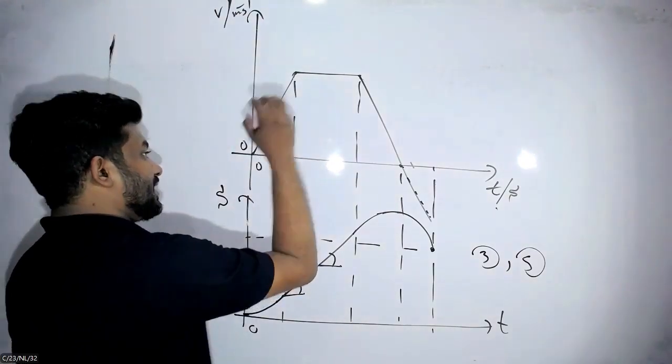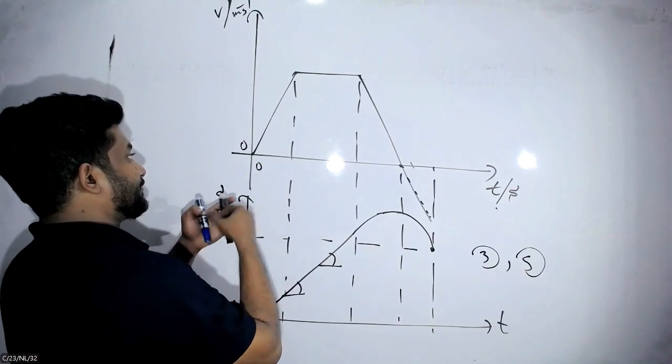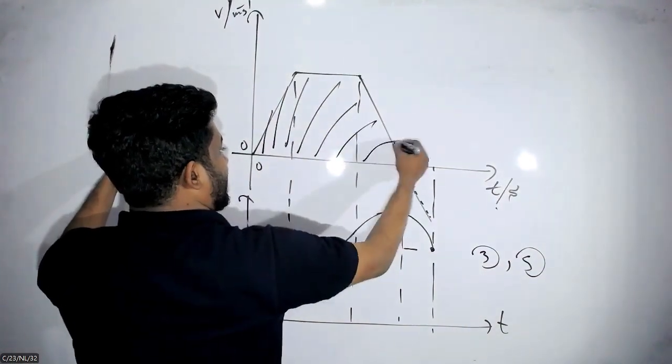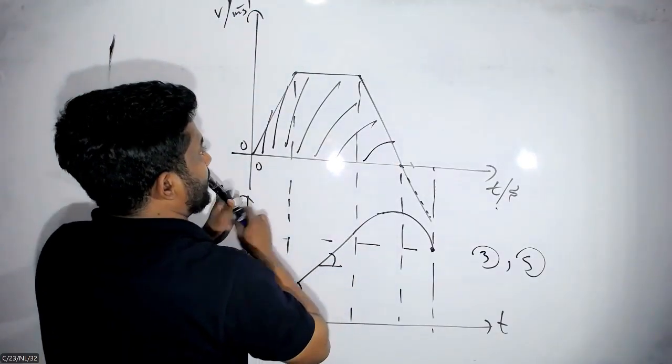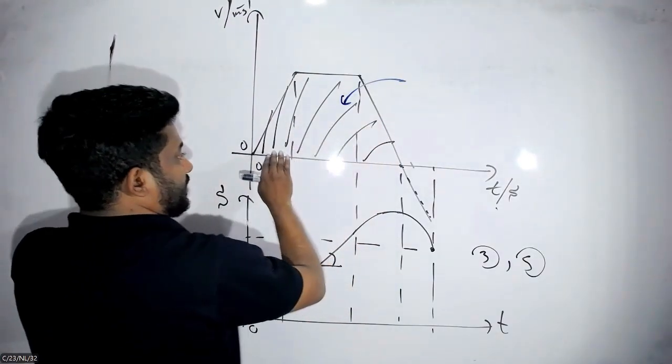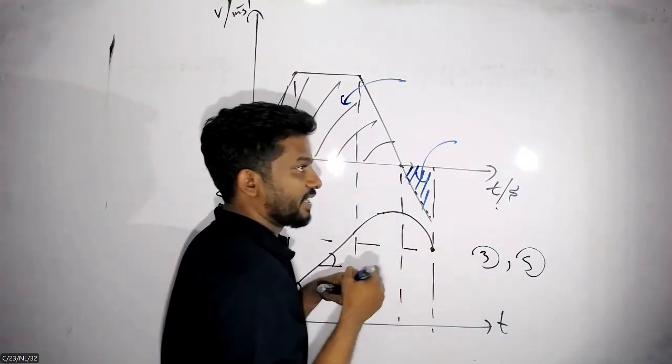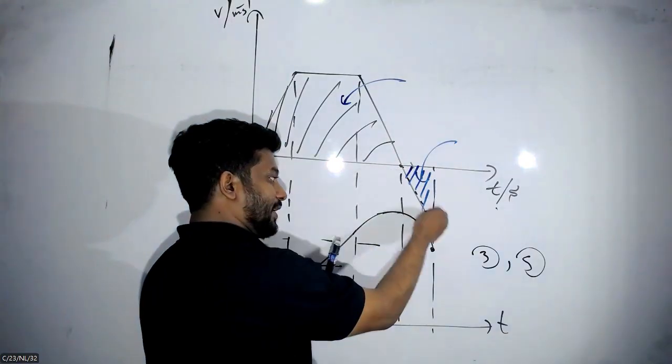This area gives the displacement of the object, no? This black color area gives the positive displacement due to these positive velocities. And this blue color area gives the negative displacement, the distance traveled in the opposite direction due to the negative velocities.